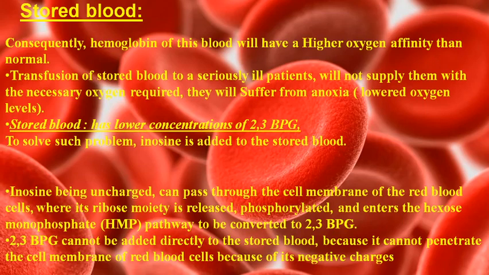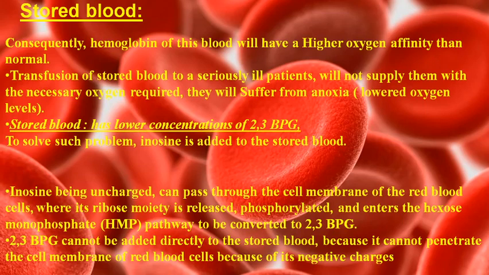In case of stored blood, glucose inside the red blood cells will be consumed, and as a result 2,3-BPG levels will become less. Lowering of the level of 2,3-BPG will increase the hemoglobin affinity toward oxygen.